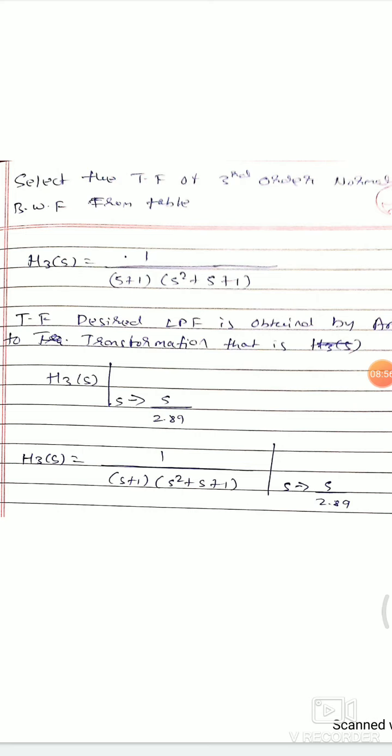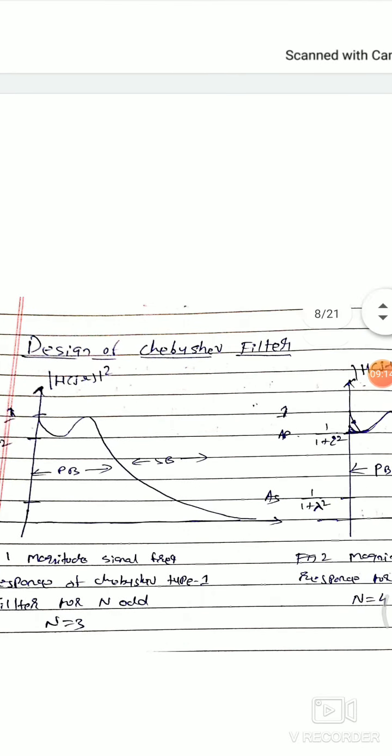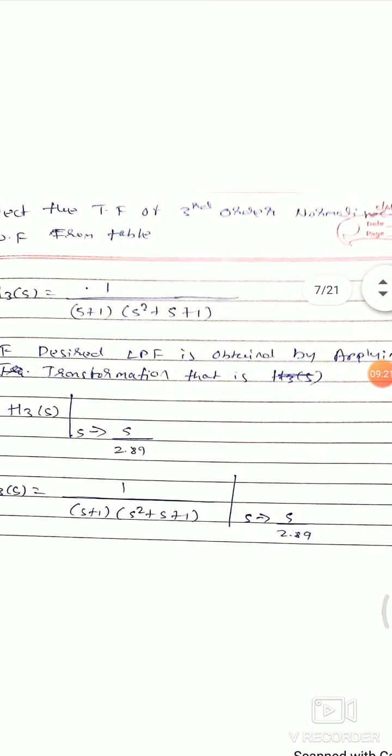Here you get the order as 3, so you write the third order Butterworth filter transfer function, and you replace s by s divided by 2.89, and simplify. You get the transfer function of the required filter. So this is the design of the analog Butterworth filter.